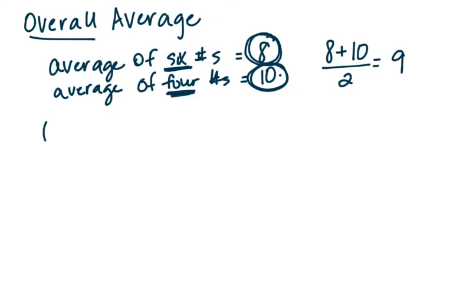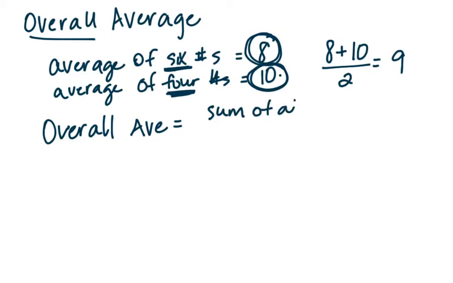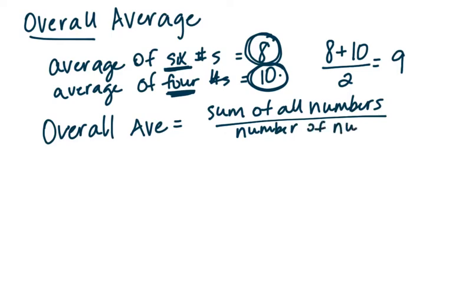So the overall average is going to be the sum of all numbers, so adding them all together, divided by the number of numbers. And I'll show you what that means.